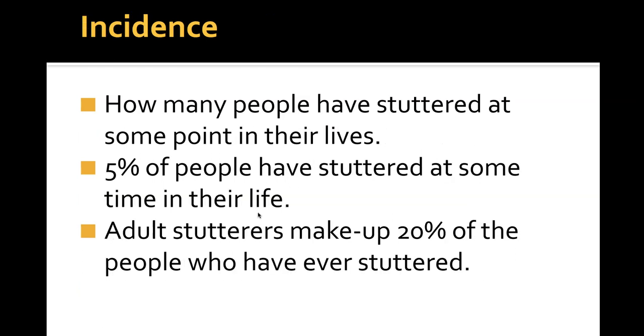Incidence, so prevalence is how many people stutter right now. Incidence is how many people have ever stuttered. So if you ask adults, do you stutter now or have you ever stuttered, about 5% of people will say yes, at some point in my life I stuttered, either as a young child or maybe I had a head injury, maybe I had a concussion in a baseball game or football game, and maybe for like 3 months I stuttered, or a car accident, but then it just went away, or as an older adult because of a stroke or something like that.